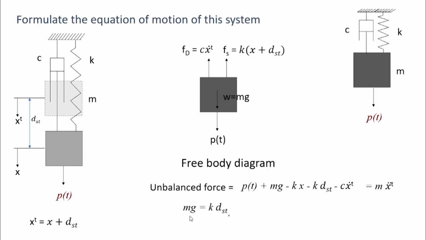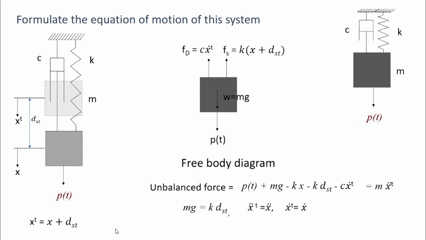We also know that mg, that is the weight of the body, is equal to k times the static displacement. We can find from this relation that x double dot t will be equal to x double dot, because dst is a static displacement. This does not vary with time.